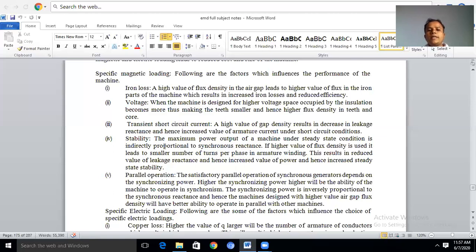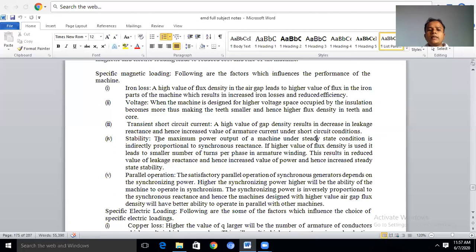Then fourth is stability. The maximum power output of the machine under steady state condition is inversely proportional to the synchronous reactance. So if a higher value of flux density is used, it leads to a smaller number of turns per phase in the armature winding, and this results in a reduced value of leakage reactance and hence increased power and increased steady state stability.